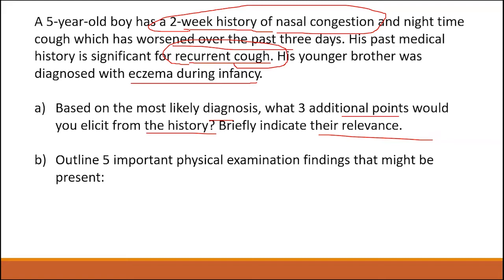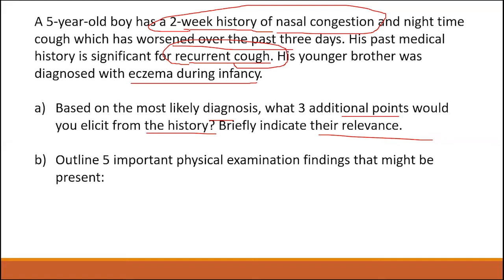So you can see some bluey discoloration. And the reason they are lethargic is because they are trying to breathe, so they are tired. And this is a 5-year-old boy. So very, very key. You have to mention all of those things.